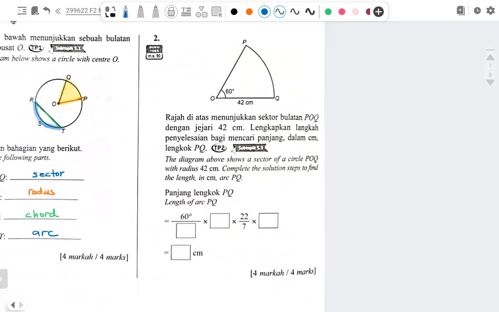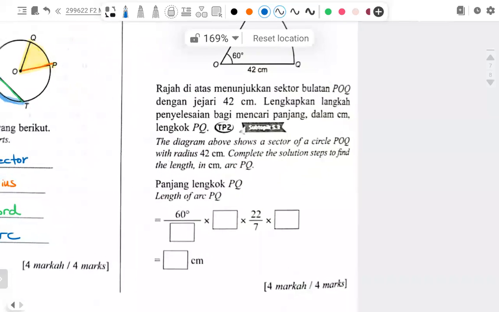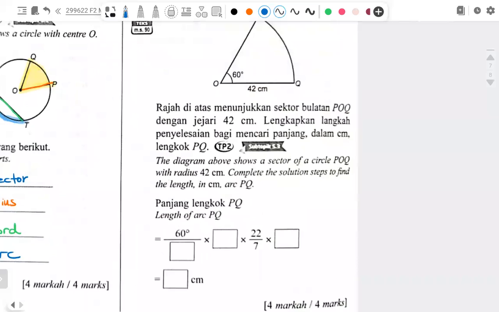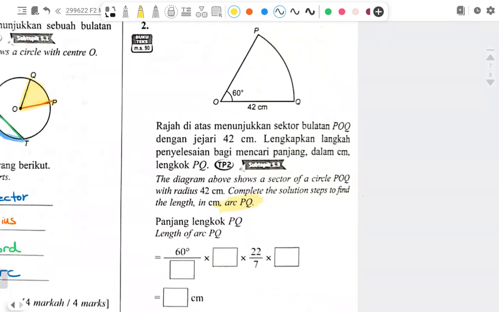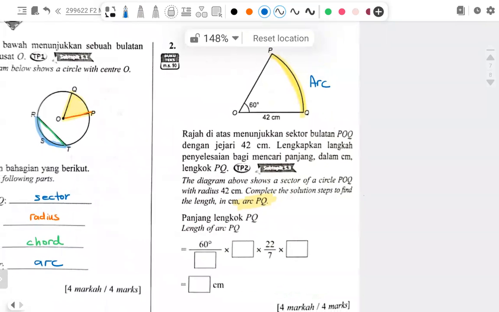Okay, number 2. The diagram above shows a sector of a circle POQ with radius 42 cm. Complete the solution steps to find the length. We need to find the arc of PQ, the arc of P to Q. Arc again means part of the circumference, so it's subtended by 60 degrees.